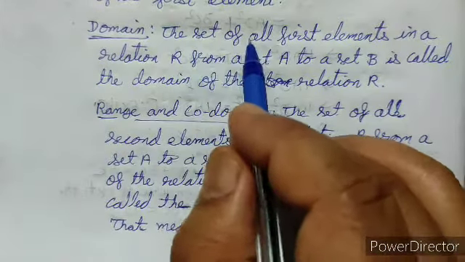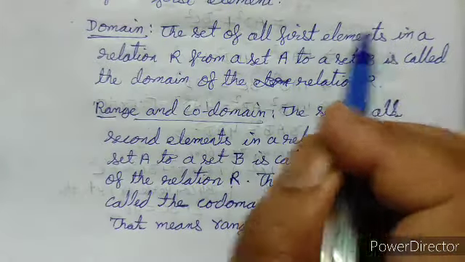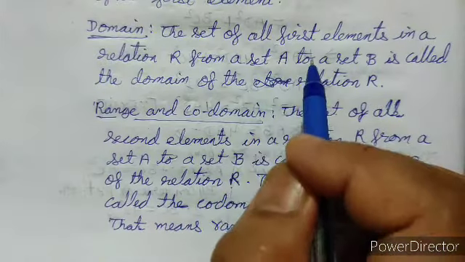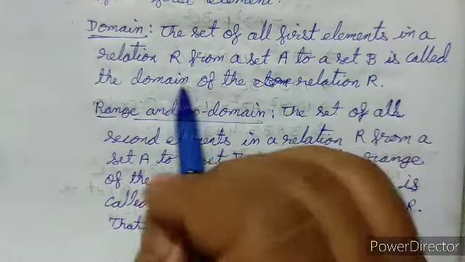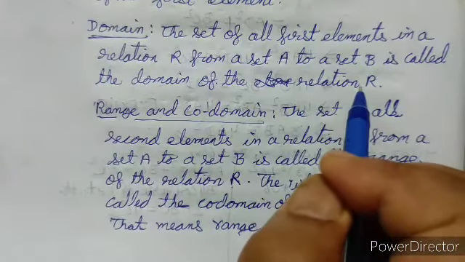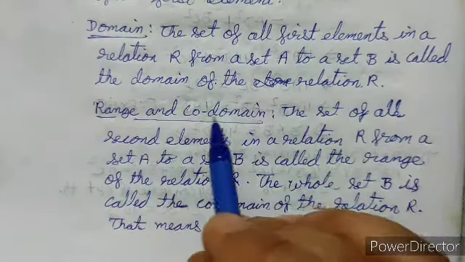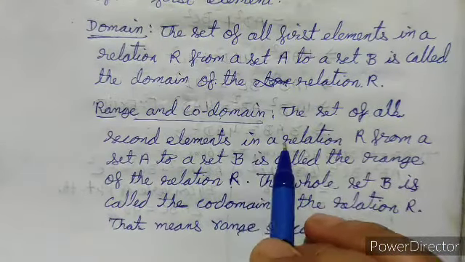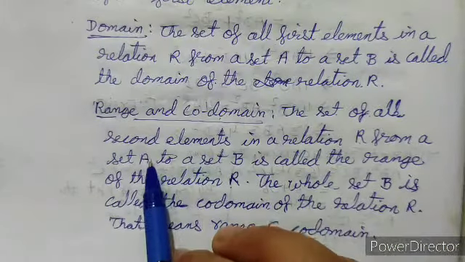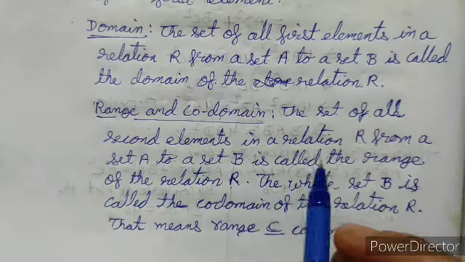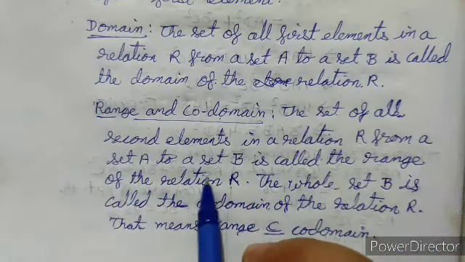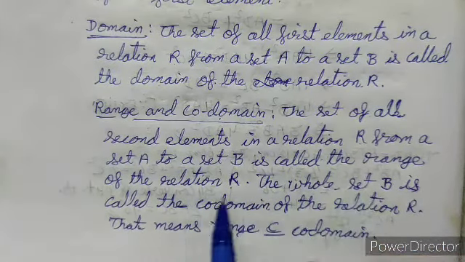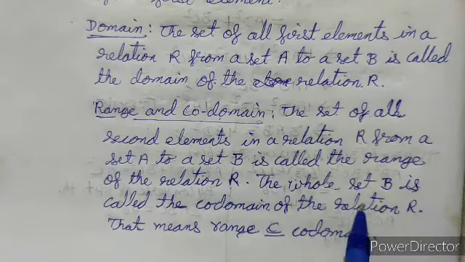The set of all first elements in a relation R from a set A to a set B is called the domain of the relation R. Range and codomain. The set of all second elements in a relation R from a set A to a set B is called the range of the relation R. The whole set B is called the codomain of the relation R.